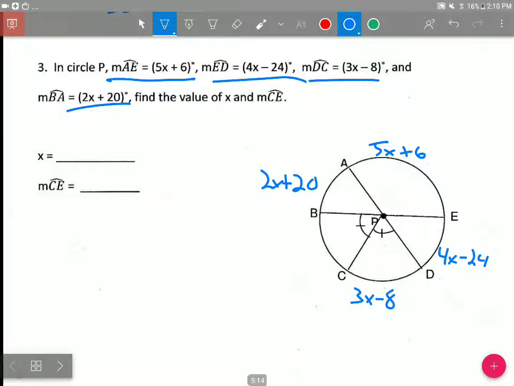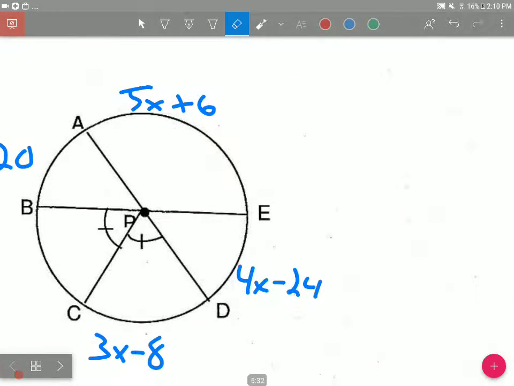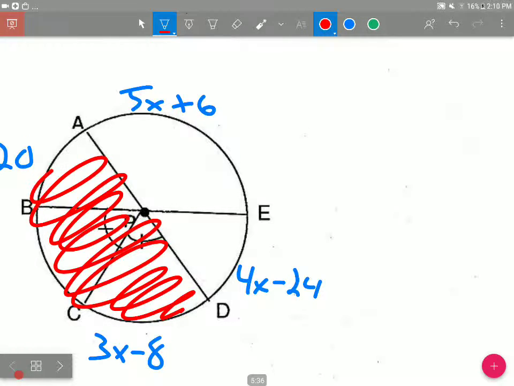All right, so I can already see three ways of doing this. Either, you notice how these angles are vertical angles. Therefore, those arcs equal each other, so that's 2x plus 20 equals 4x minus 24. I'll just show another way in case that's how you see it. I've been trying to tell you all to see half circles. So this is a half circle, which means it's 180 degrees.